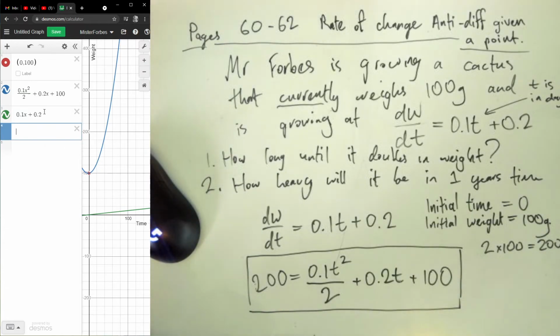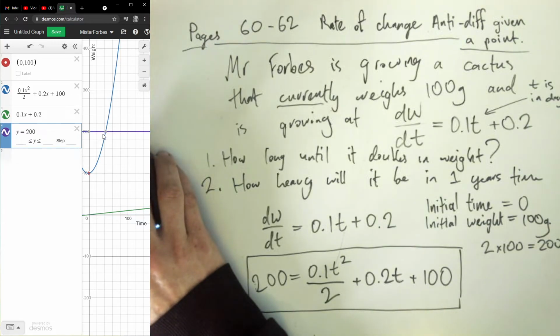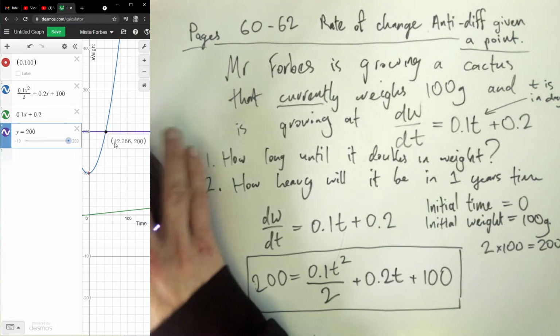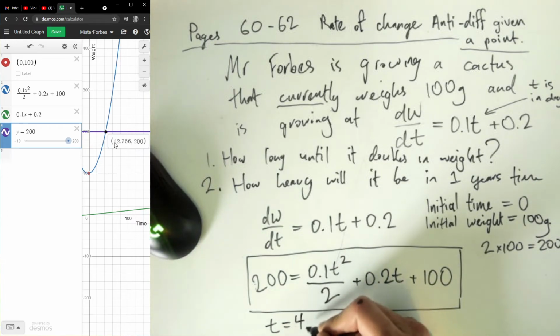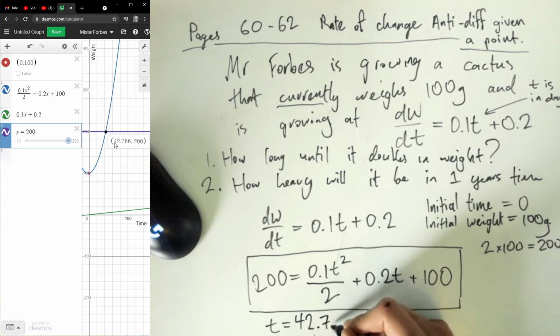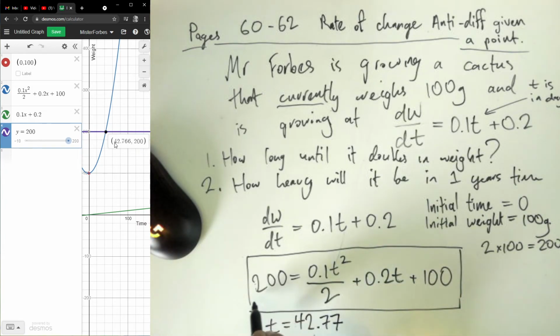So it's going to be when y equals 200. Let's find an exact value for you. It would be this point here, so it's when t equals 42.77. That would be when w is 200. So for question 1, it's when t equals 42.77.